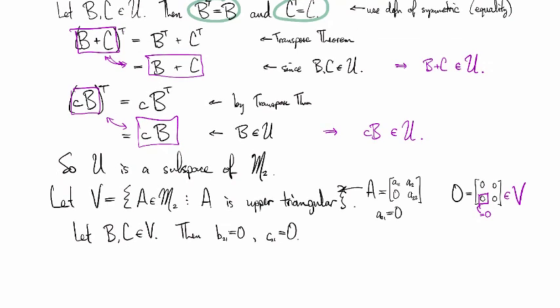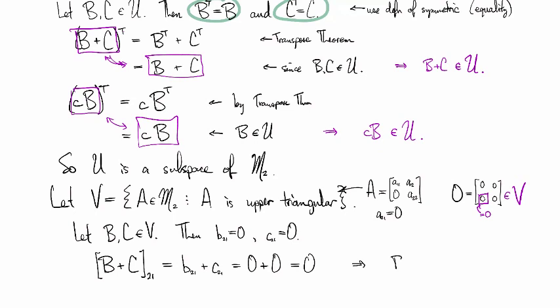If I look at the 2-1 entry of B plus C, this is going to be B21 plus C21, which we just agreed were both 0. So the sum is going to have a 0 in the second row, first column.